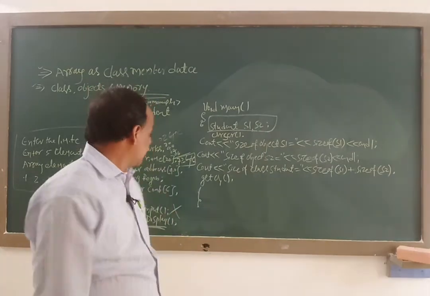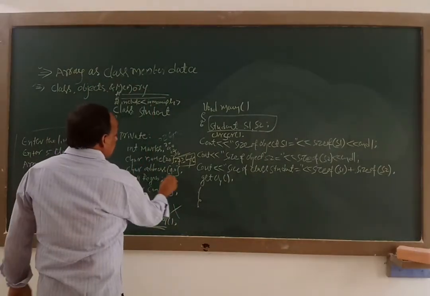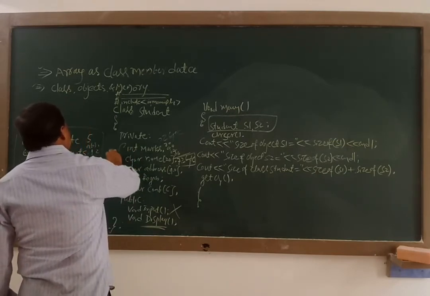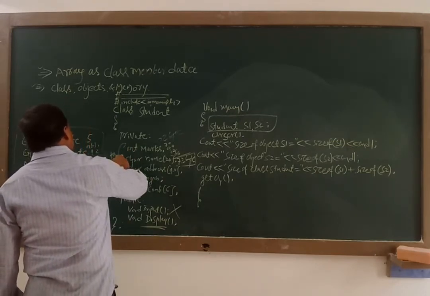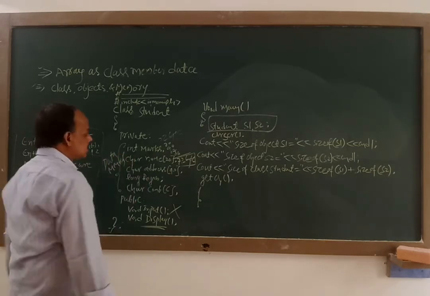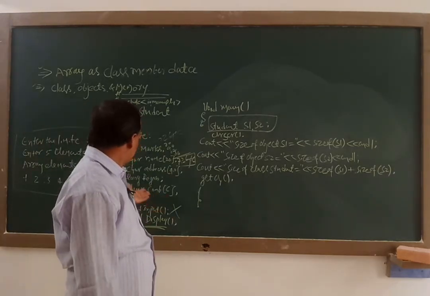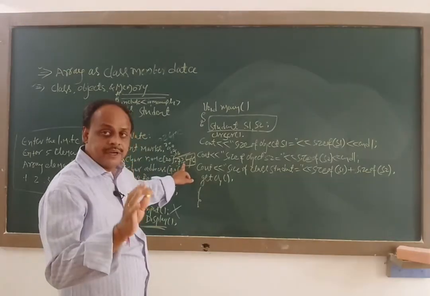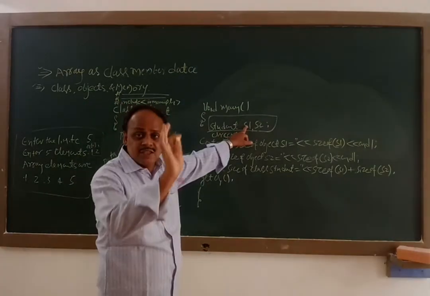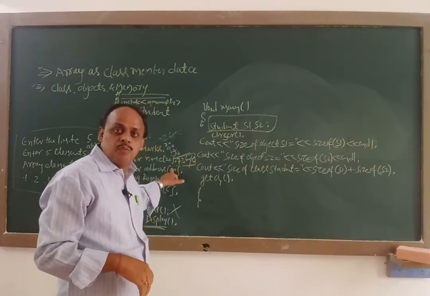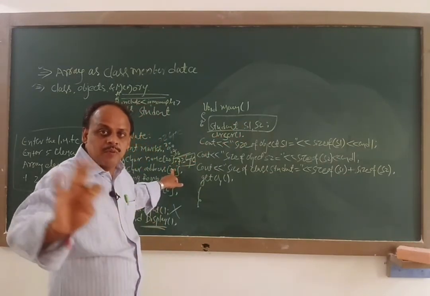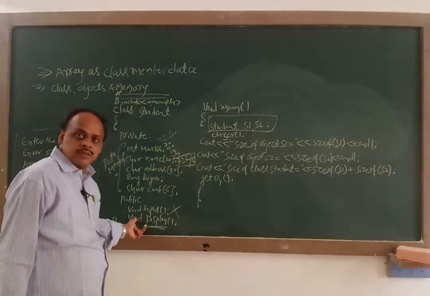Only the data members are allocated memory. So the total memory for the data members is 72 bytes. Whenever you declare objects, each object has 72 bytes of memory allocation, and there is no memory allocated for the member functions.